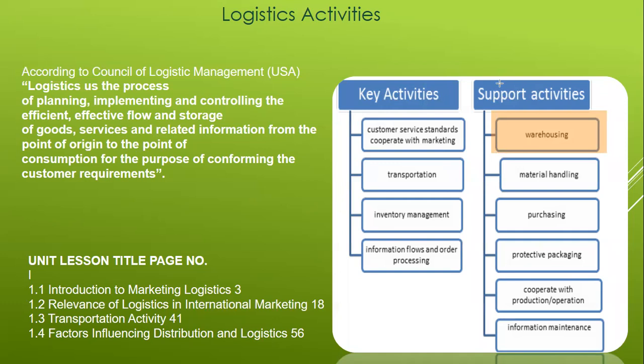In warehousing there is another connected activity, which is called material handling. How we can handle the material, we need to understand. First, you need to take care that the materials are not damaged and are kept safely in the warehouse. For that you have to choose appropriate locations where you can keep these materials.